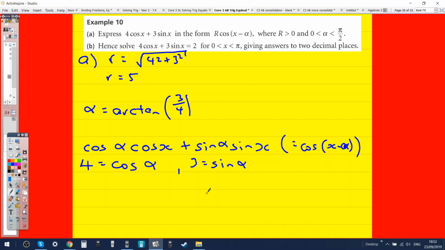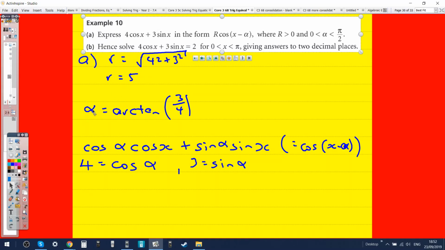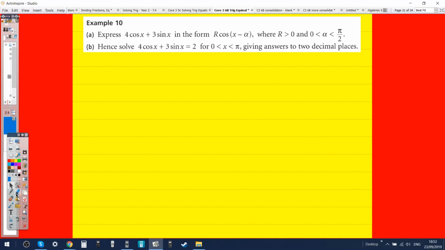So arctan 3/4 is 36.9. So then it's 5 cos x minus 36.9, as we saw earlier. It just keeps coming up with the same numbers. Okay, part B. That equals 2. So 5 cos x minus 36.9 equals 2.